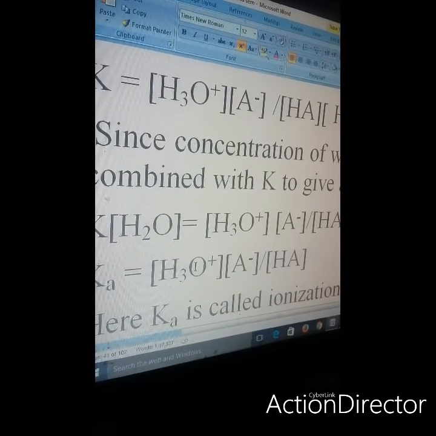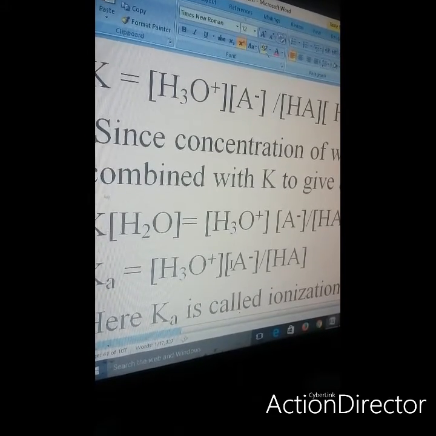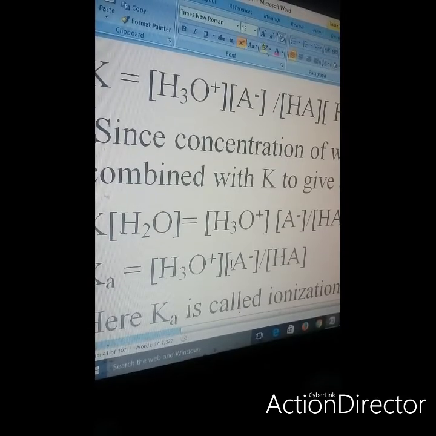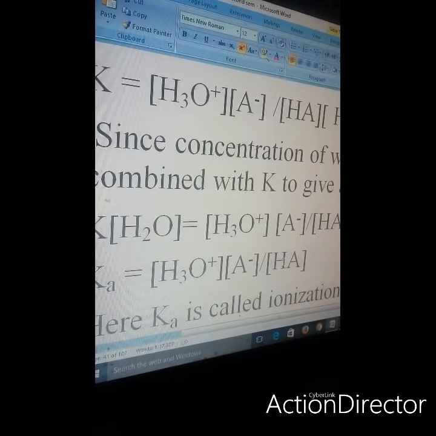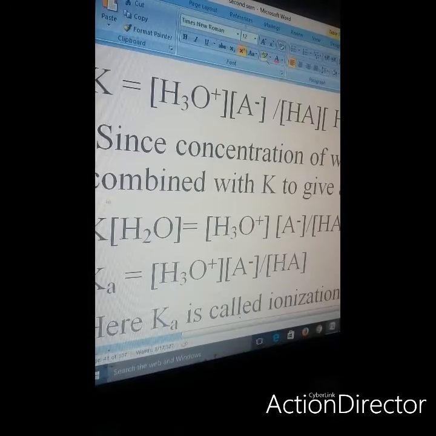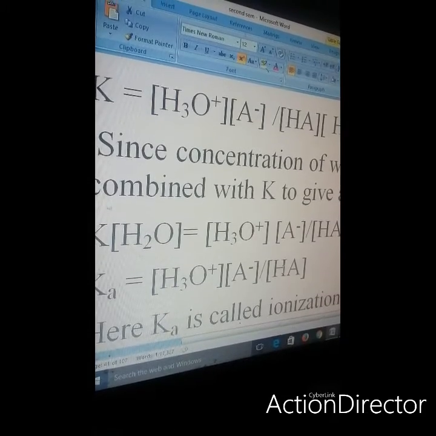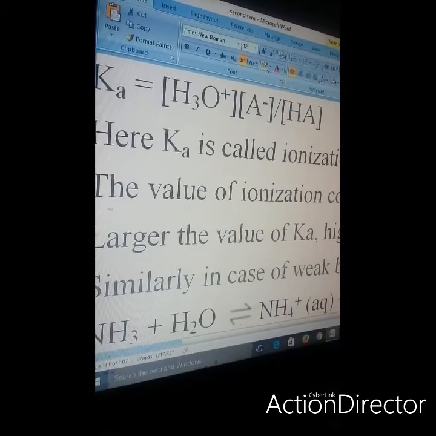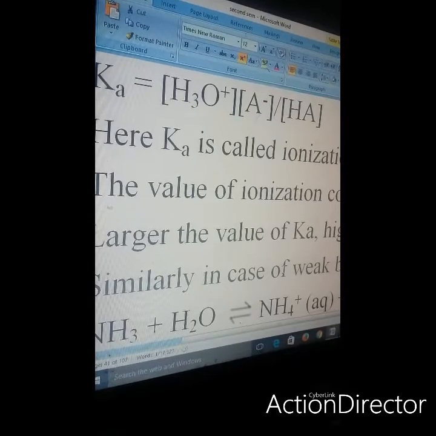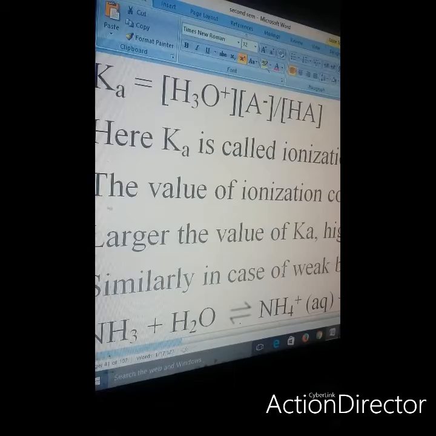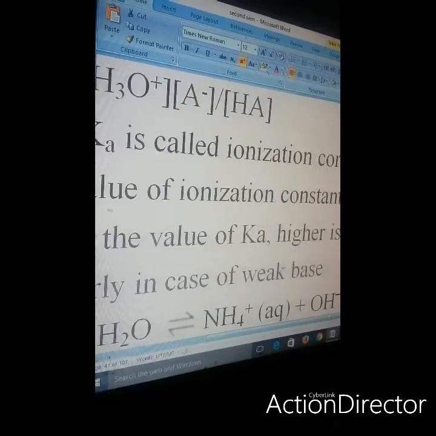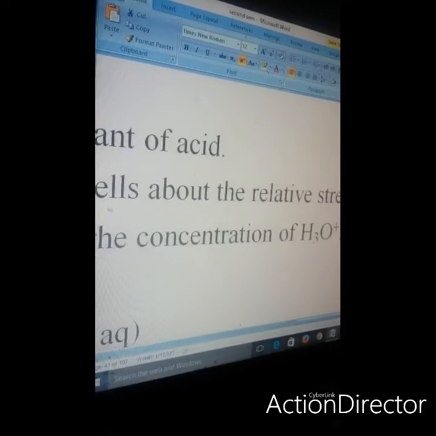That will be equal to the concentration of hydronium ion into the concentration of A negative upon the concentration of weak acid. So here Ka is the ionization constant of acid, and it tells you about the relative strength. The larger the value of Ka, the higher will be the concentration of hydronium ion and the stronger will be the acid.